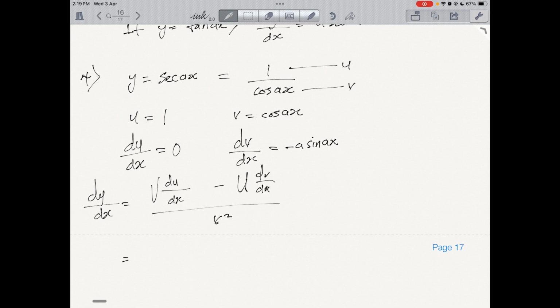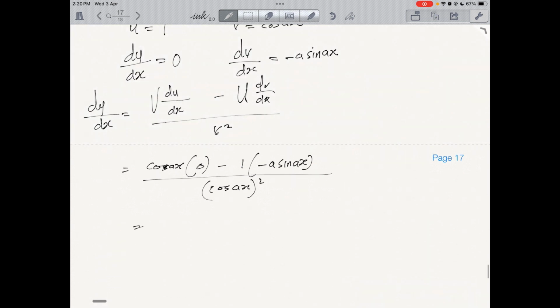So our v is cos ax, our du/dx is 0, our u is 1, and our dv/dx is minus a sin ax, divided by v squared, that's cos ax squared. Now if we simplify further, this turns to 0 and we'll be left with a sin ax divided by cos squared ax.